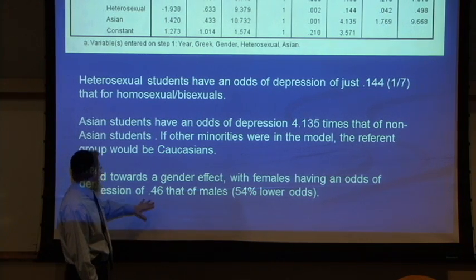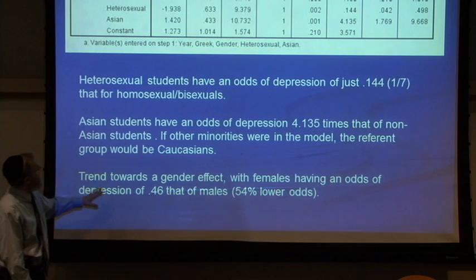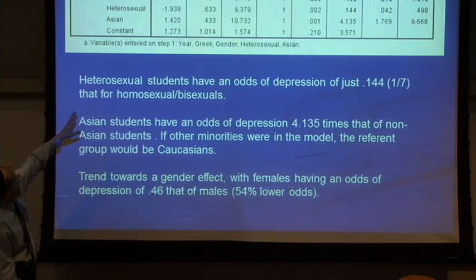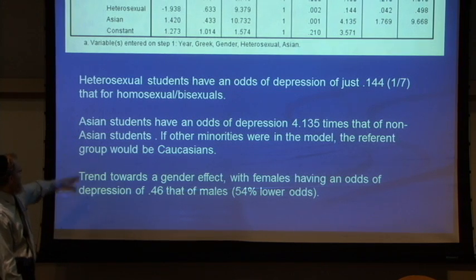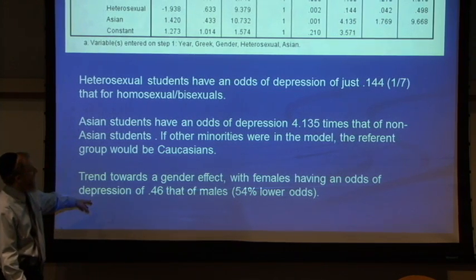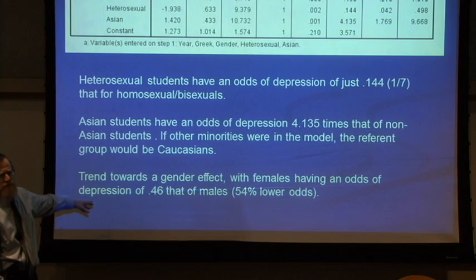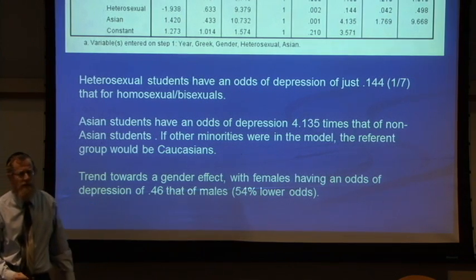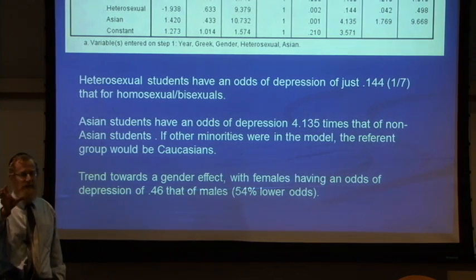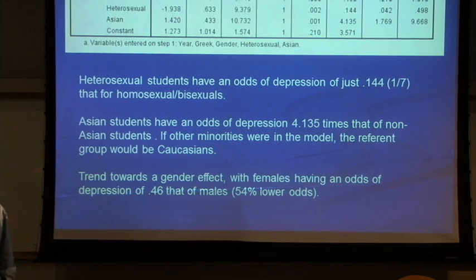So we have a few here. For the gender effect, the females had an odds of, that should be anxiety, I think, right? Wasn't this anxiety? Or was this depression? Oh, it was PHQ-9? Okay, I'm sorry. The table we gave before is an example of counting up the variables.